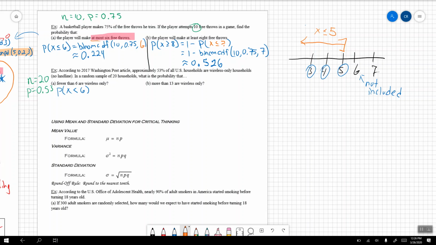So how does that look then? For us, we want the probability that x is less than or equal to 5. That means we're looking at the binomial CDF for 20, comma, 0.53, comma, 5. Let's go to the binomial CDF function.